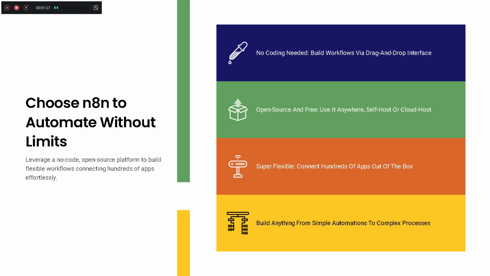Build workflows via a drag and drop interface, open source and free. Use it anywhere, self-host or cloud host. Super flexible, connect hundreds of apps out of the box. Build anything from simple automation to complex process automations.